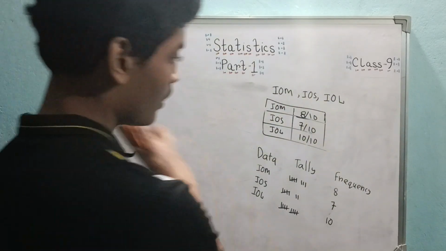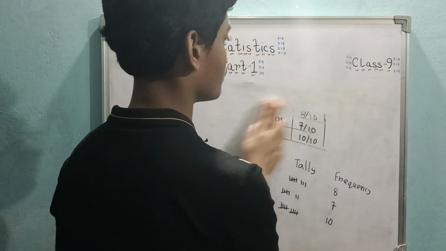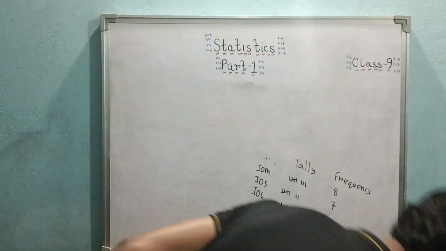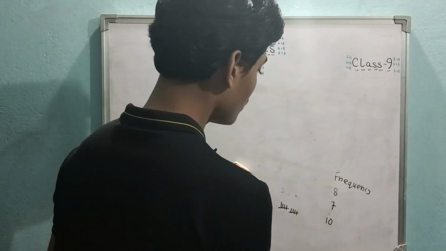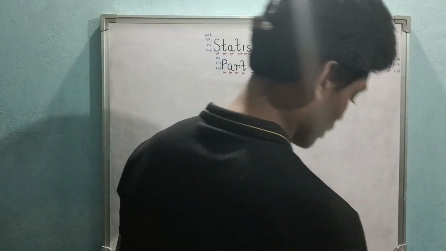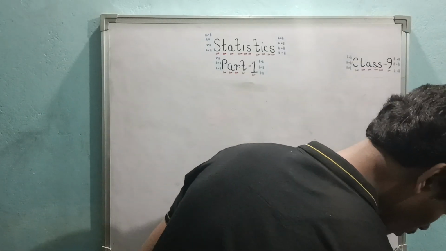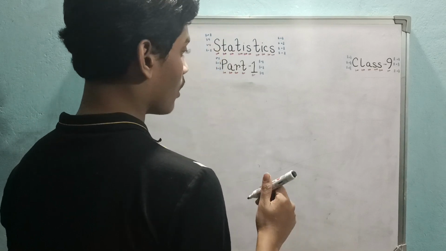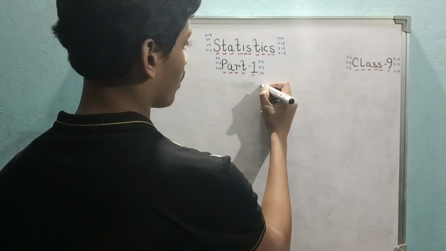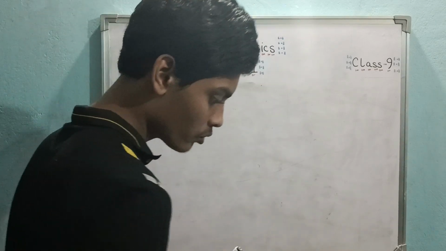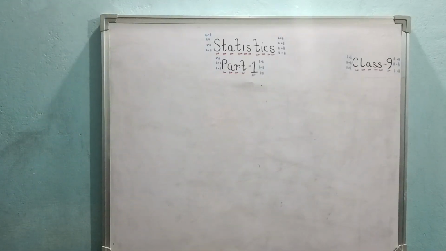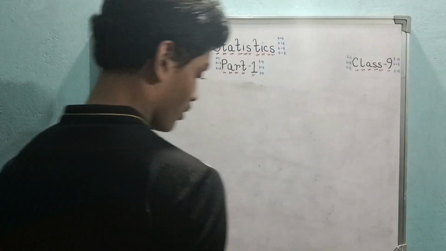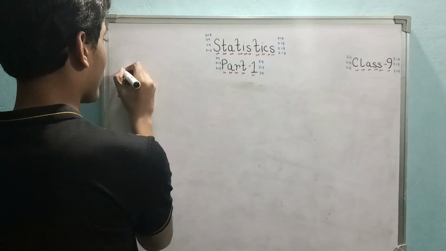Suppose another case. This is clear to you. So then tell me this. Suppose, marks. Let us do a sum. From the sum we will understand. So I am doing question 5.